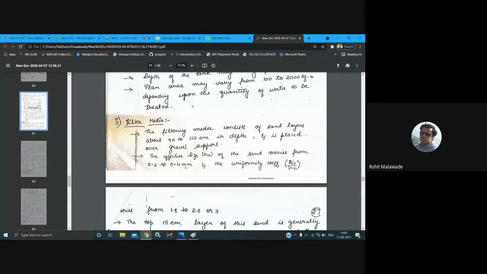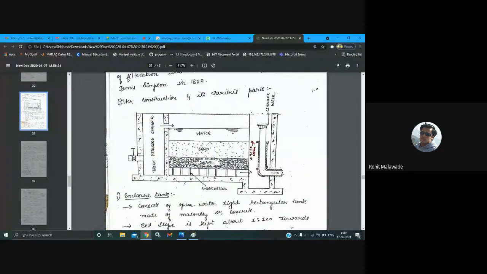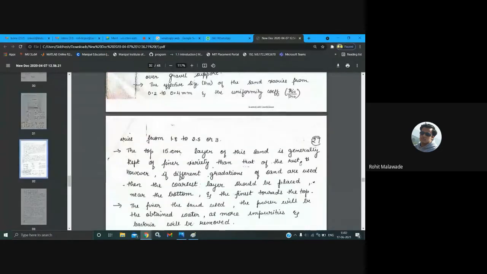The effective size, the size of the sand particle that we are going to use, is 0.2 to 0.4 mm. And the top 15 centimeter layer of sand is generally kept finer, as I have told.